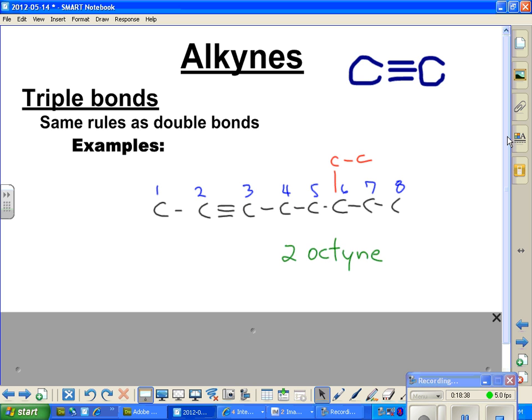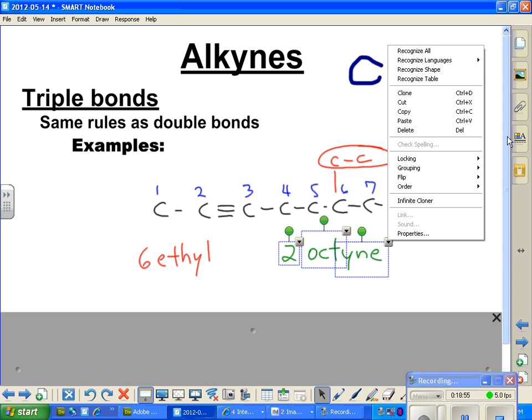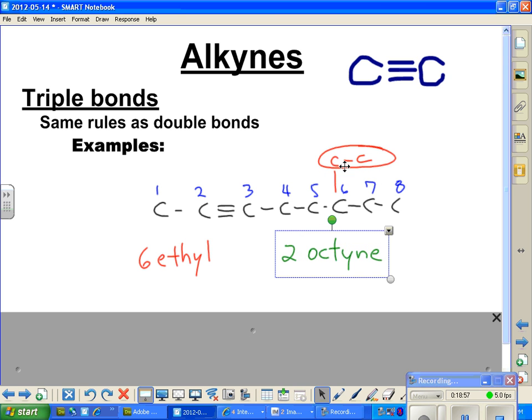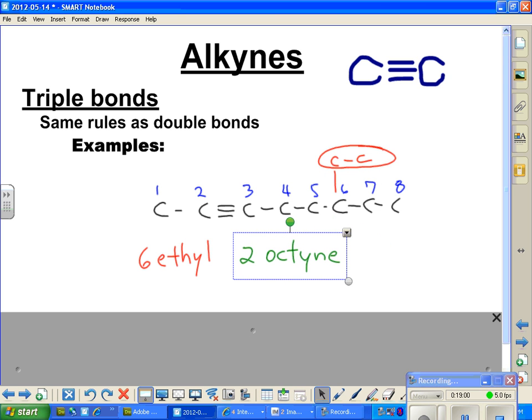So let's circle that in red, and we'll have 6 ethyl, 2 octyne. Let's group this together. Now we can put it next to it, so it looks like it's all the same thing: 6 ethyl, 2 octyne. So I hope this helps you with the enes and the ynes.